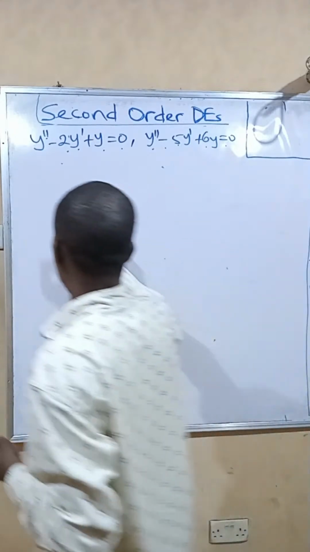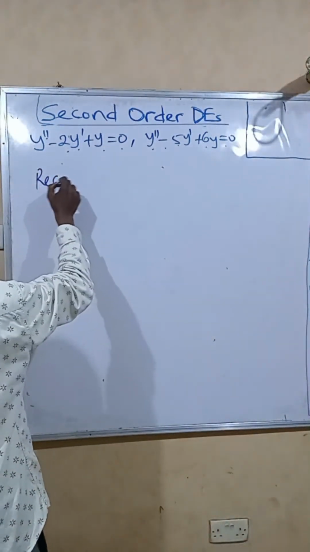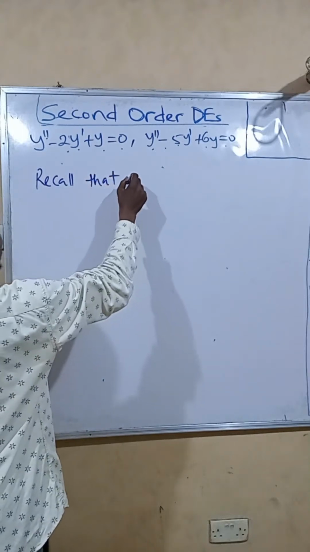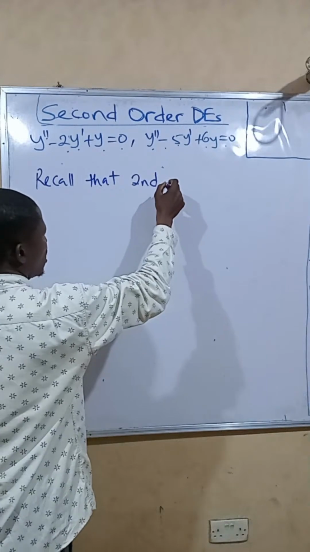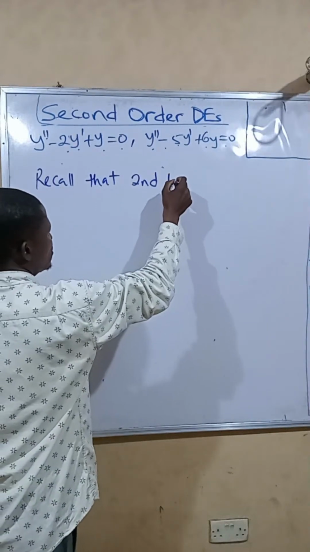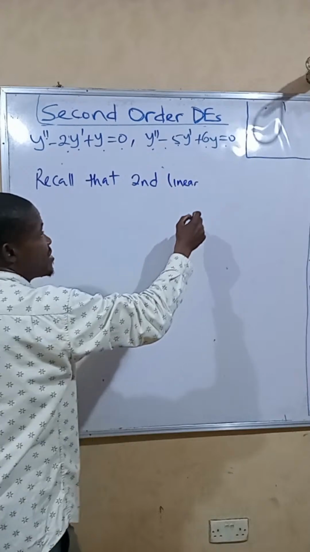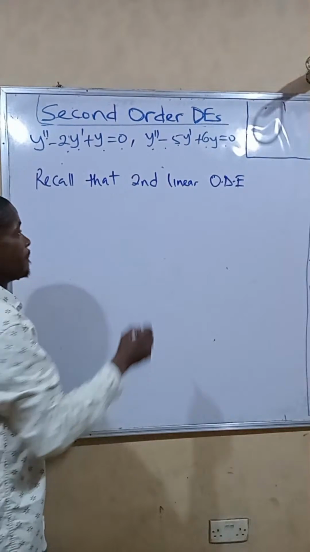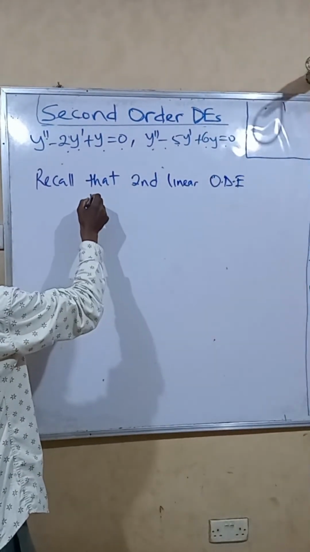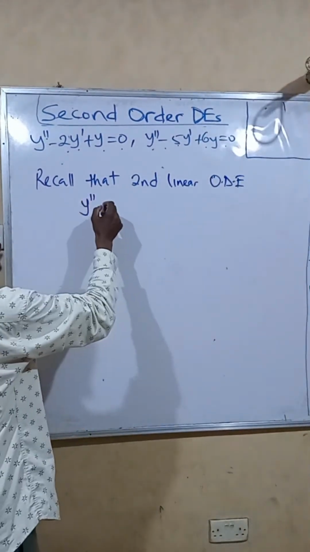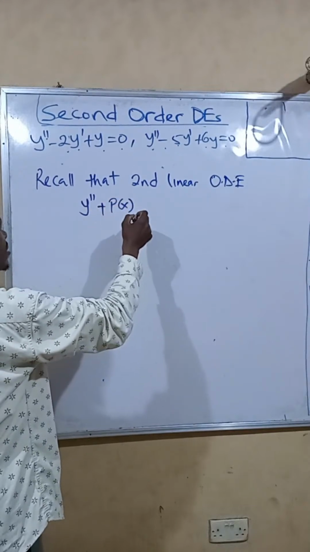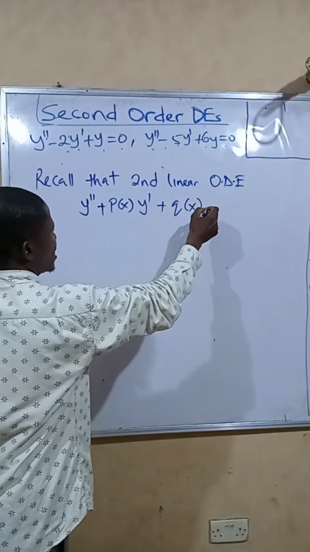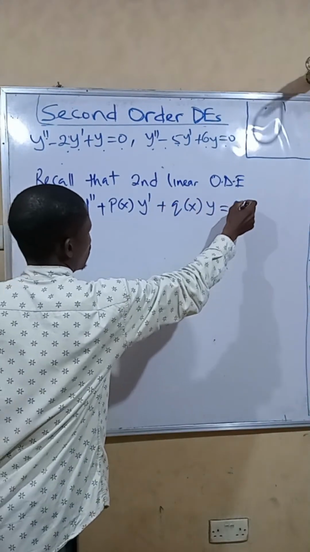Okay, recall that a second linear ODE, ordinary differential equation, is of the form y double prime plus p of x times y prime plus q of x times y equal to g of x.